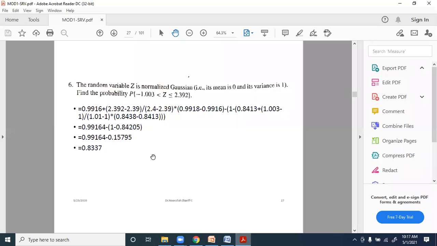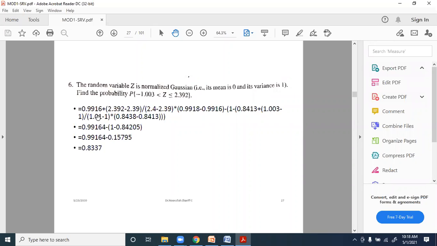Let us see the rest of the thing: 0.8413 plus (1.003 minus 1) divided by (1.01 minus 1), because these are the two values we are trying to find.